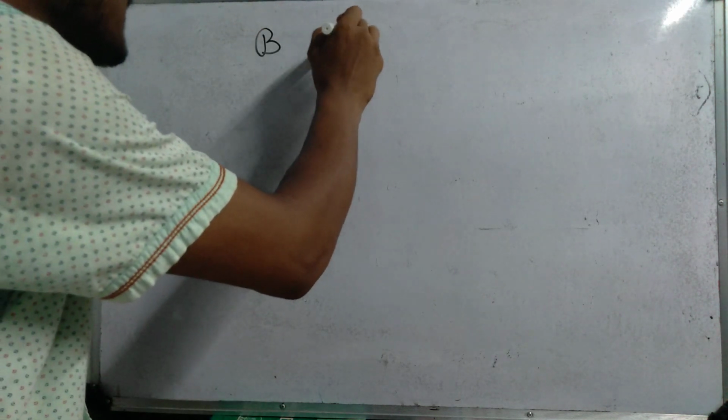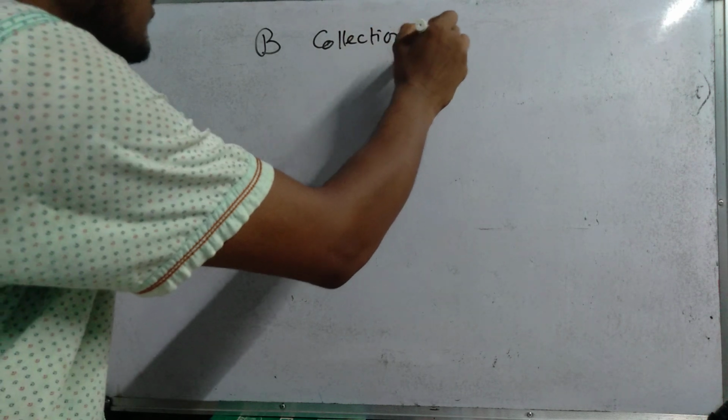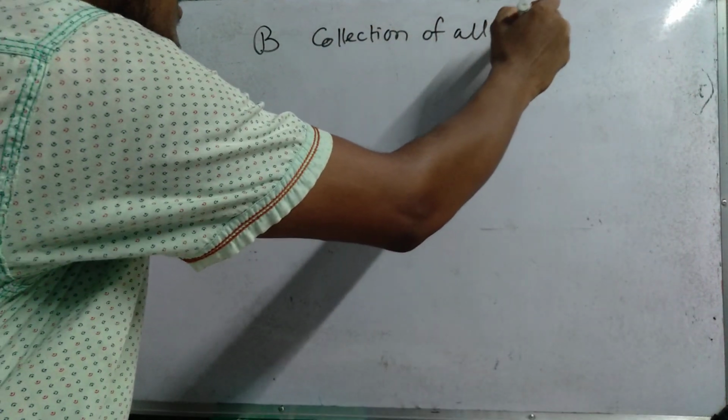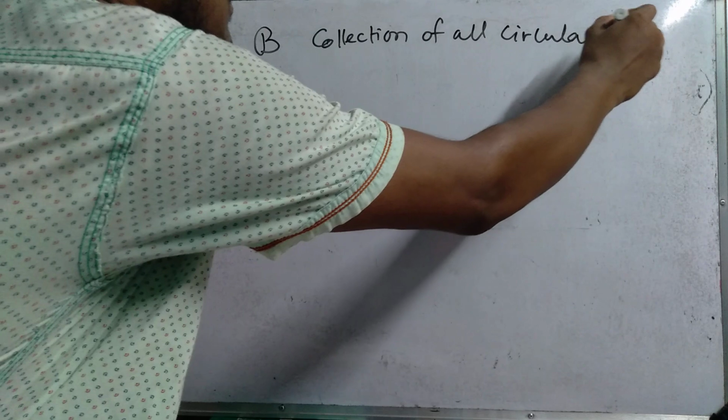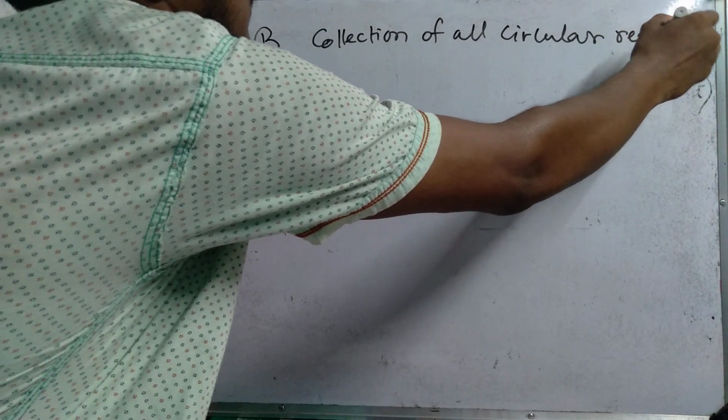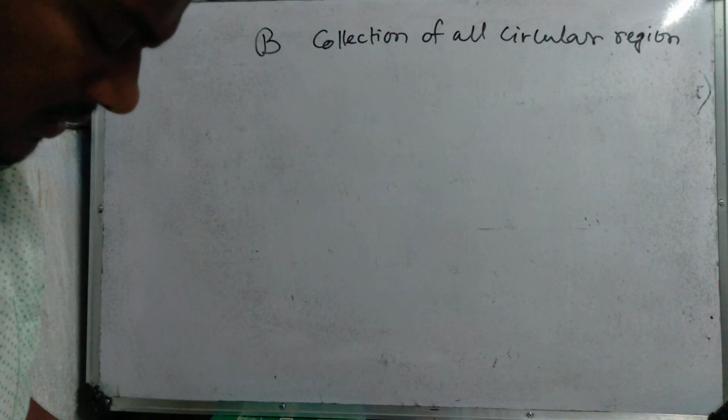We start with B, the collection of all circular regions in the plane.